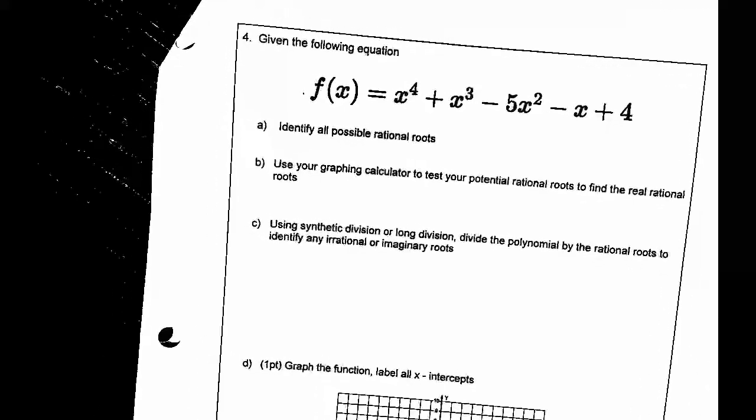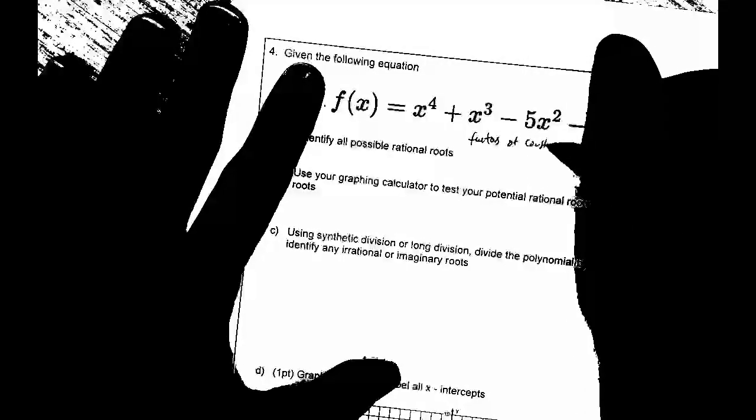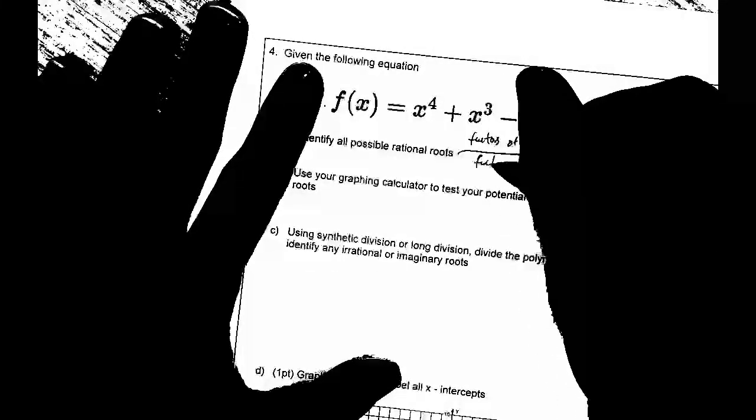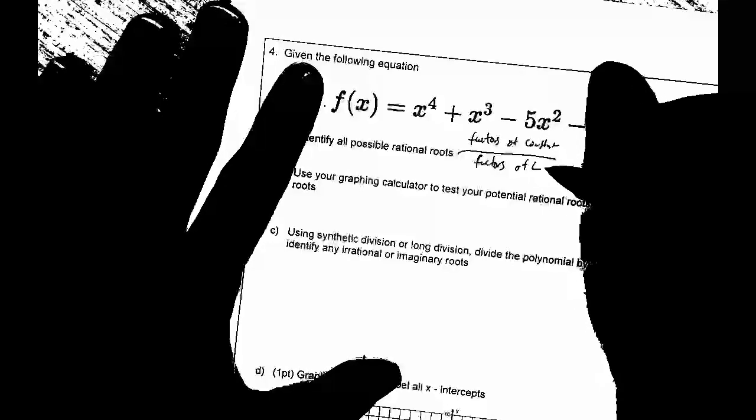Okay? All right, question 4. Given the following equation, identify all possible rational roots. Again, this is factors of the constant divided by factors of the leading coefficient. That would be plus or minus 4, plus or minus 2, plus or minus 1 over plus or minus 1.